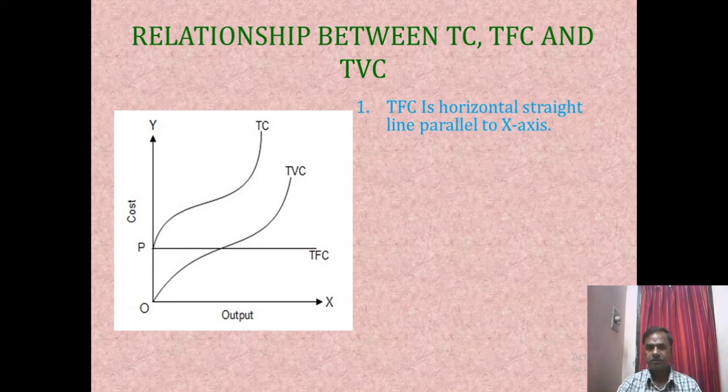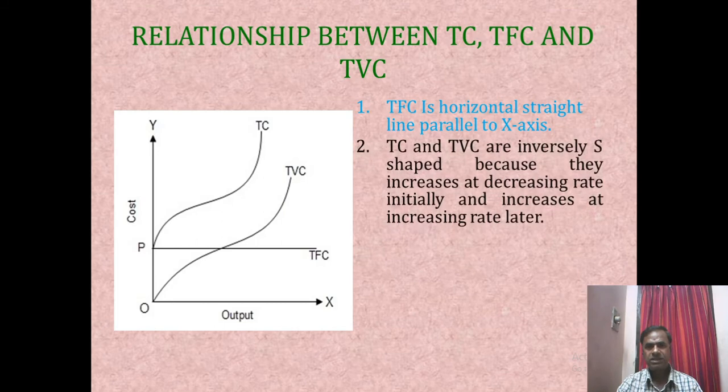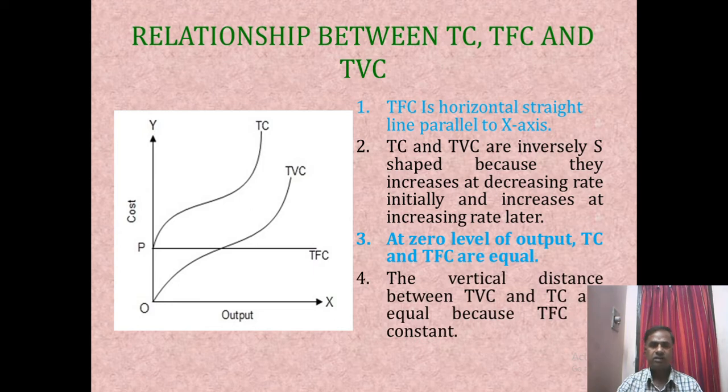Now you see, TFC is a horizontal straight line parallel to the x-axis. TC and TVC are inversely U-shaped. At 0 level of output, TC and TFC are equal, and the vertical distance between TVC and TC is equal. Why?